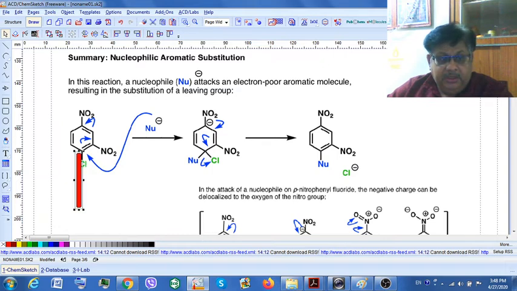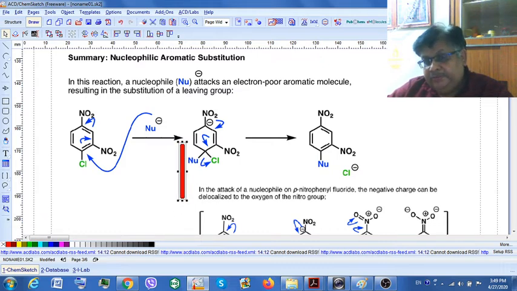Note that in this compound, this NO2 and also this NO2 are ortho and para to Cl. Now, the moment nucleophile attacks at this particular carbon, the pi bond cleaves, and what will you get? The second structure here, as indicated by my pointer.